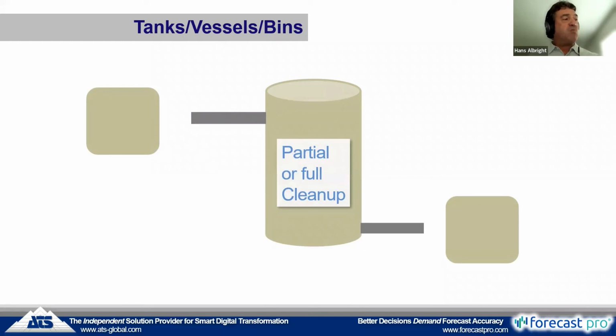That's where, from one batch to another where they're not compatible, we have to do some kind of cleanup, whether it's a partial cleanup or a full cleanup, and not just the vessel itself, but also the lines that feed it and the lines that draw off from it. Again, all of this is scheduled because some cleanups are very brief, 15 minutes, and other cleanups are 15 hours. So all of that is calculated and accounted for.